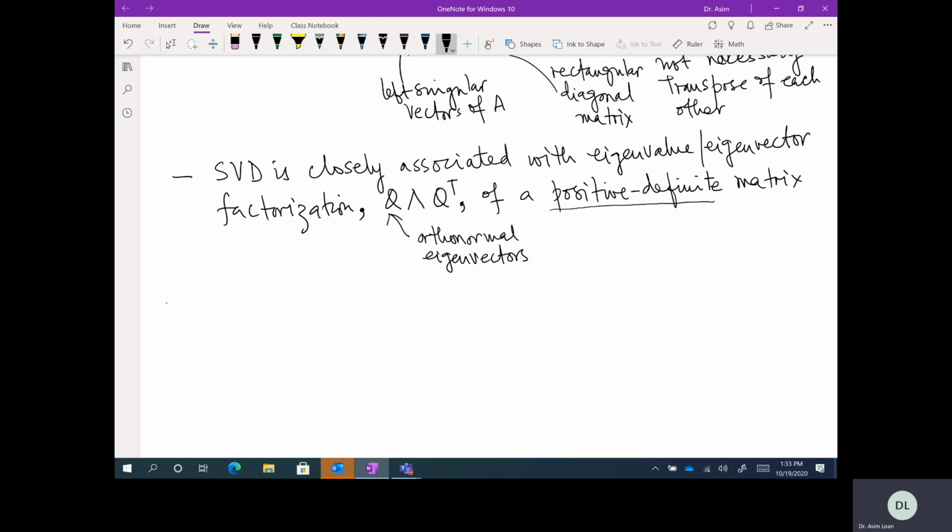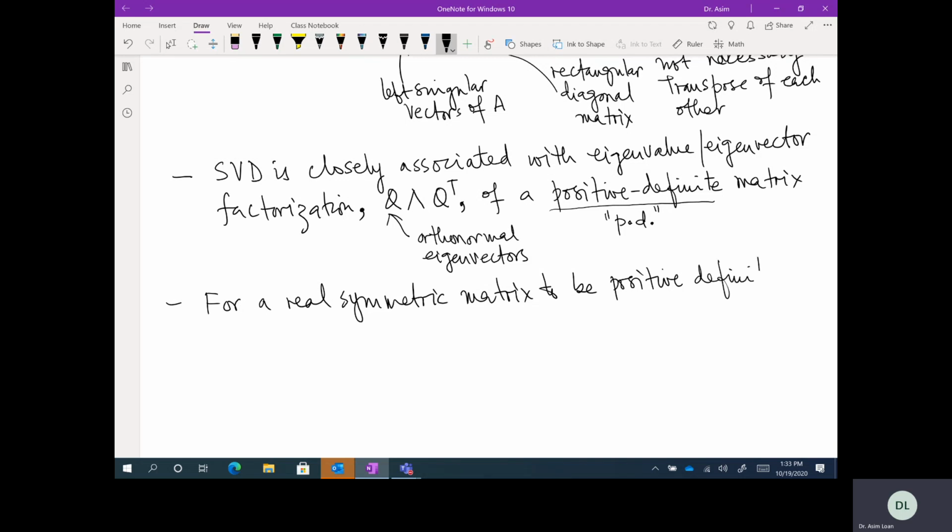Okay, so what is a positive definite matrix? Here's the definition. For a real symmetric matrix to be positive definite, and this is by the way sometimes written as PD, there are some equivalent definitions.